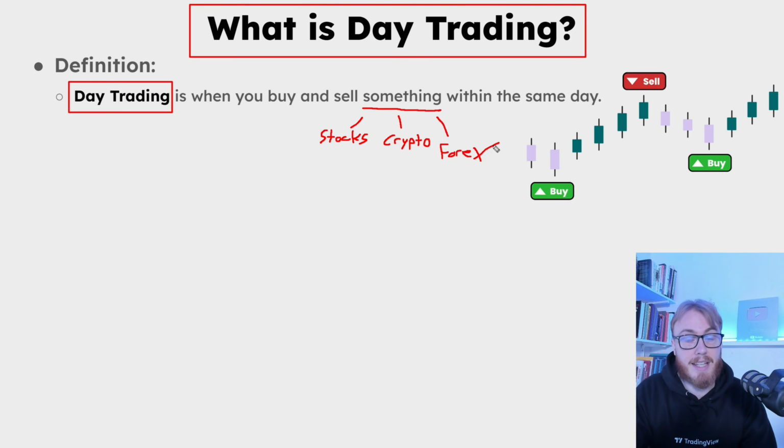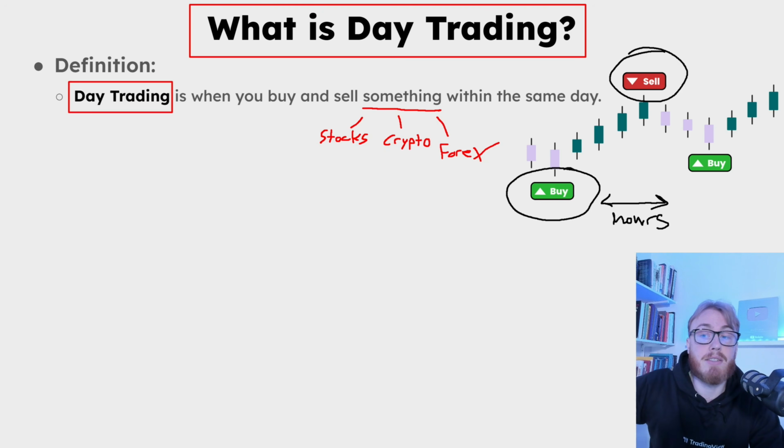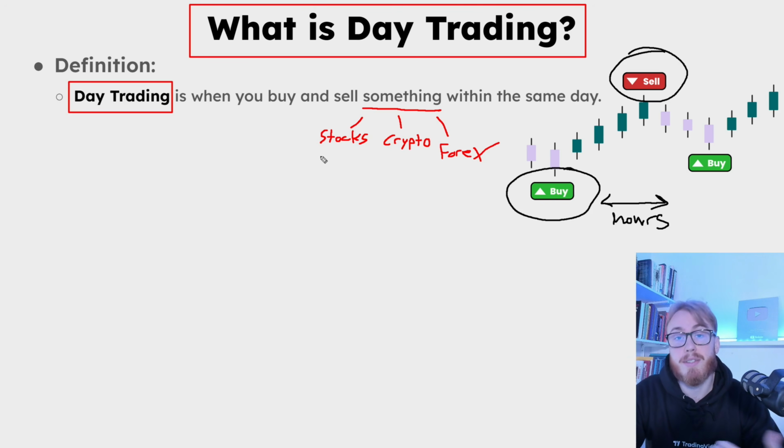The important thing is that you buy and sell within the same day. And the time here between buying and selling could be as short as just a few minutes. So you can, for example, buy and sell in only 5 minutes, but it could also be a few hours, right? As long as you buy and sell during the day and don't wait overnight, you are day trading.